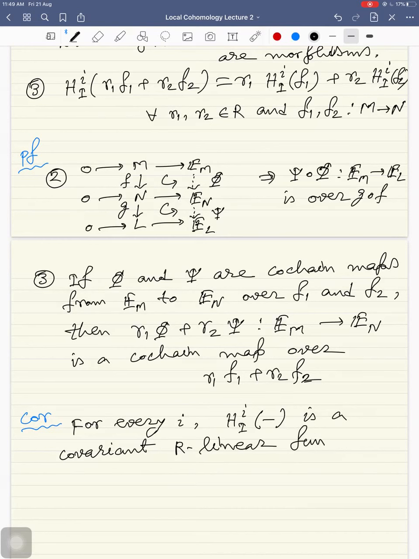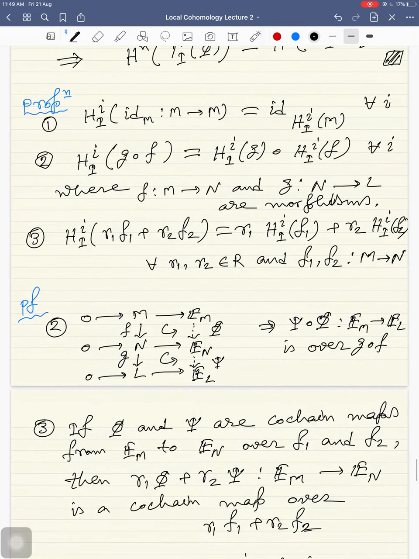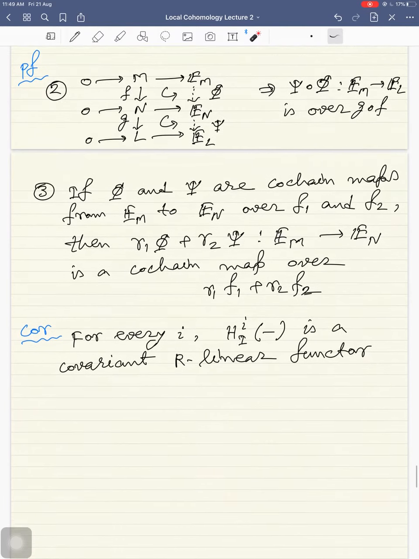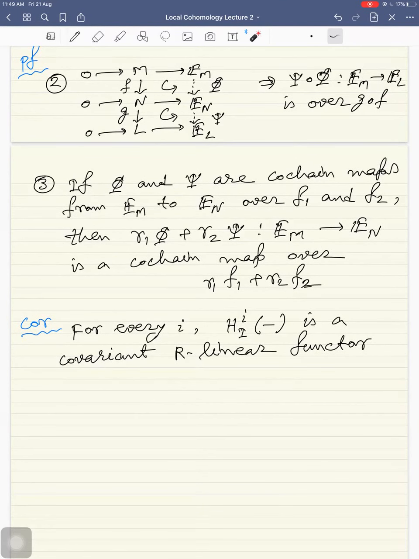Why is it a functor? Because it preserves identity morphisms, and it also respects the composition law. So this is an R linear functor from the category of R modules to itself. Yeah, so I'll stop here.